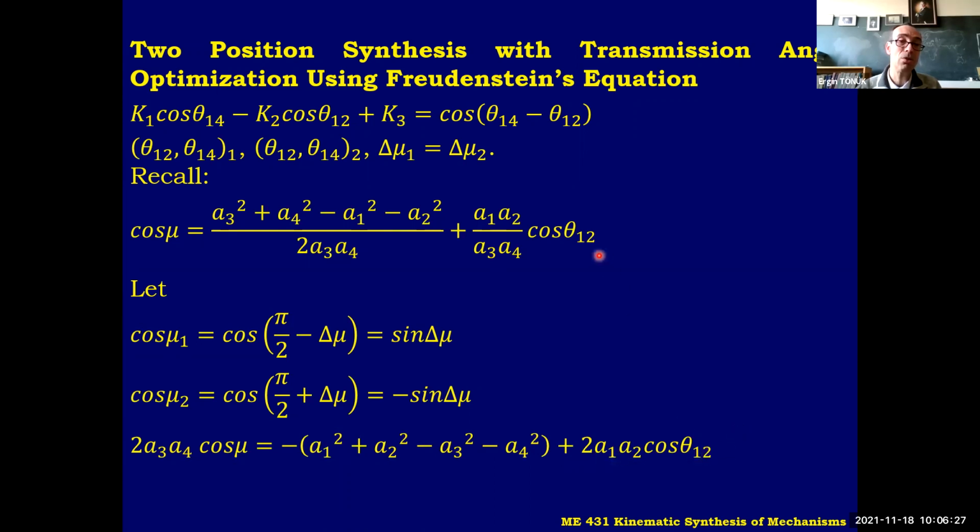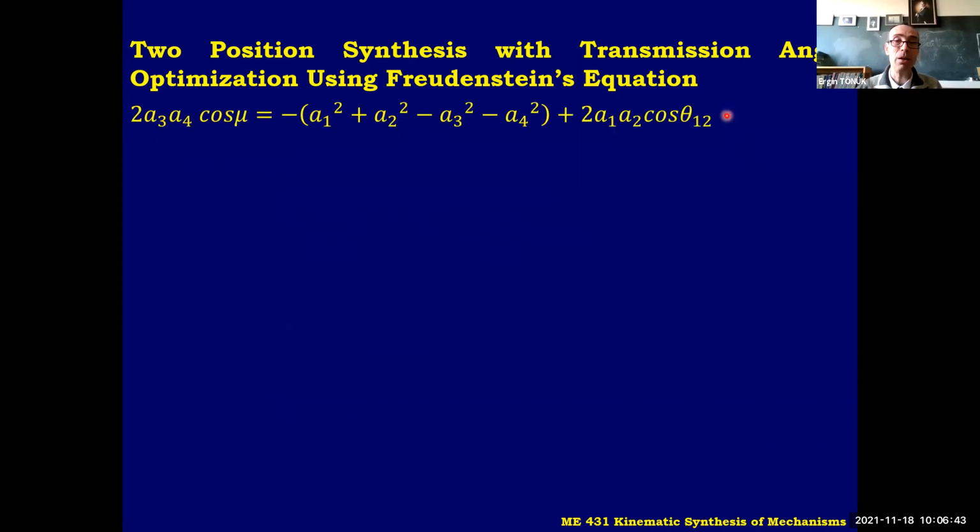This is just equivalent to this expression, okay? And actually, I will use this one, which will help me, as you will see. So these two are the same equations, just rearranged. So let me have this equation.